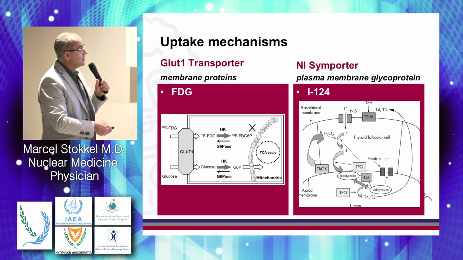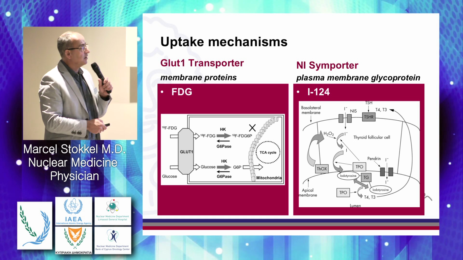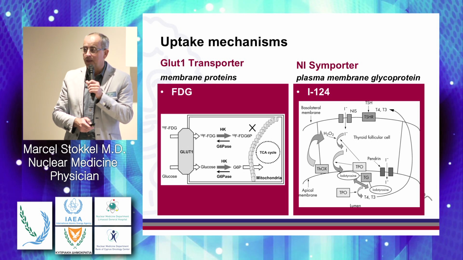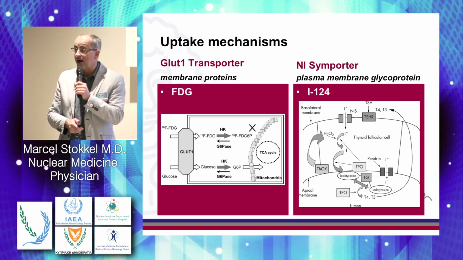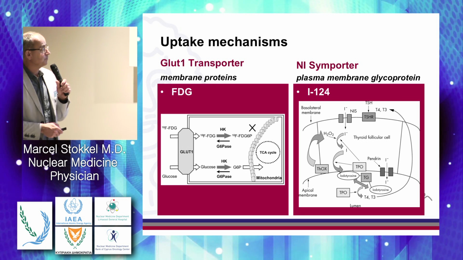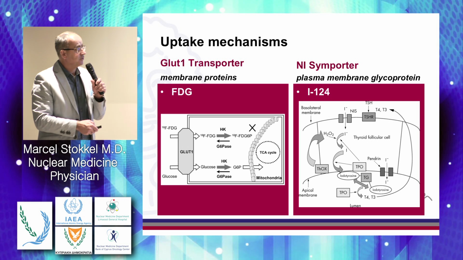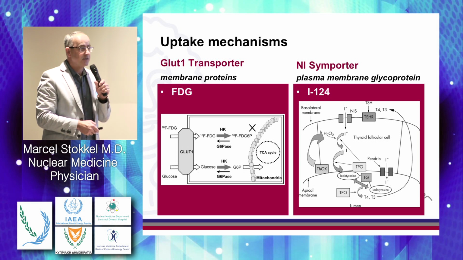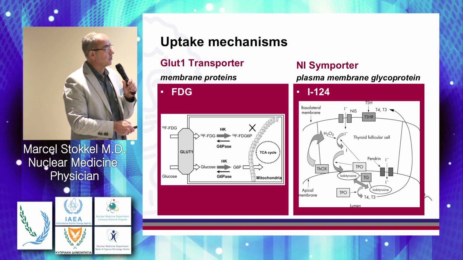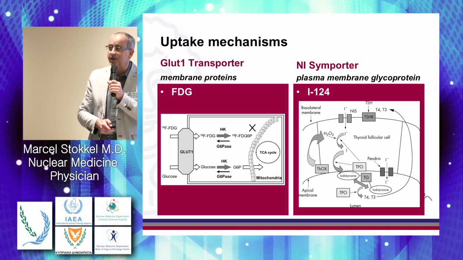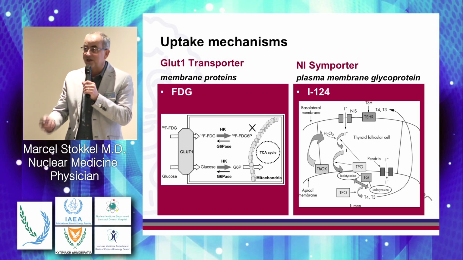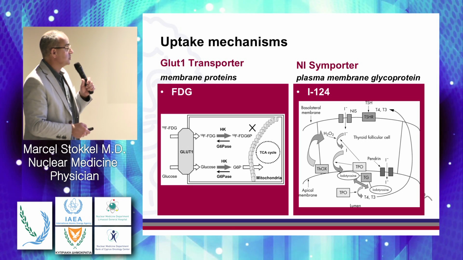Comparable to the stimulation of FDG uptake, the uptake of iodine can be stimulated by TSH. The higher the TSH level, the higher the iodine 124 uptake will be. And how is that achieved? Not only by an increase in metabolic steps and functioning of the symporter, but also the expression of the symporter increases. So there are more channels by TSH stimulation.